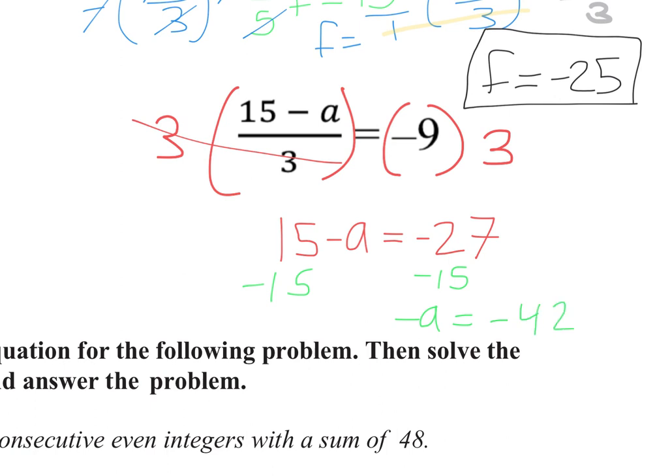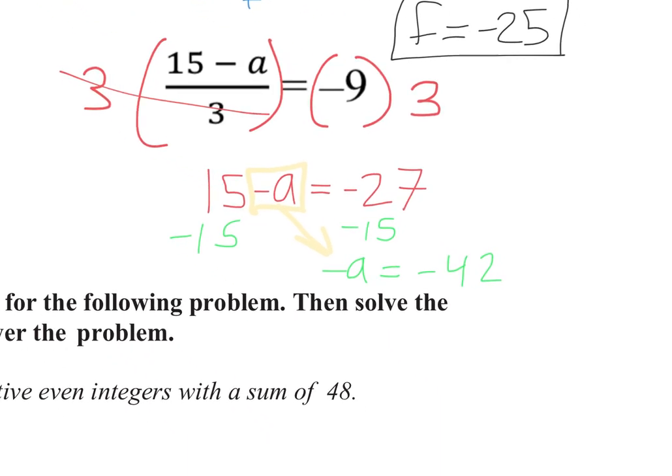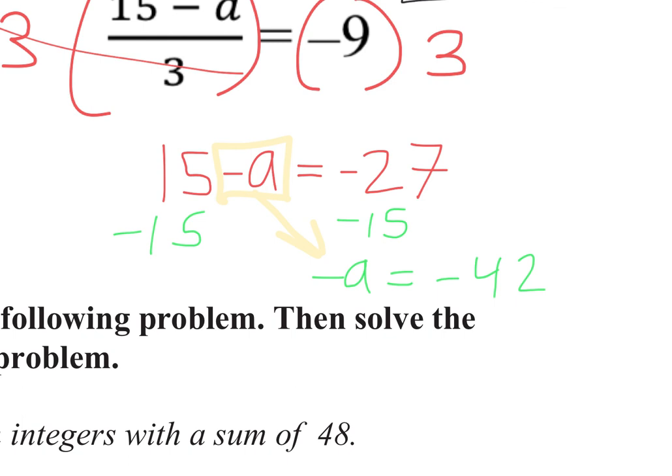Here's what's important to notice though. This was a subtract a, which means it carries down as a negative a. We don't have a by itself yet in this scenario. We'd have to divide both sides by -1 to finish that.